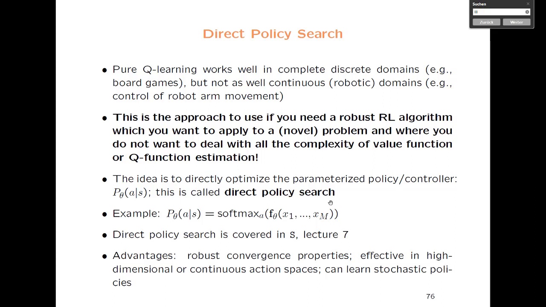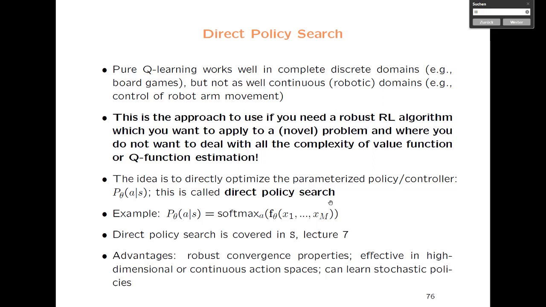To have an idea of what this policy might look like, the conditional probability of the action given the state might be a softmax of this action, based on a function vector parameterized by theta applied to some input variables. So it's a neural network with a softmax output, for example.